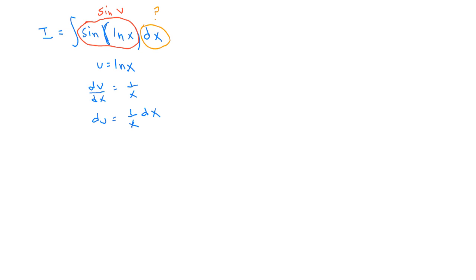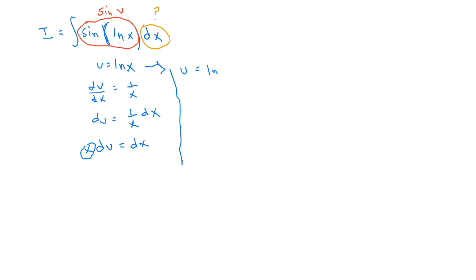Or you could say that x times du equals dx. So I got the dx by itself, but on the left-hand side, I have this x here. I got to figure out what that x is. Well, let's take a look at this u equals the log of x.